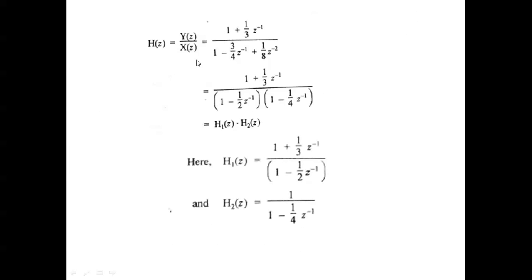So apply x of z in the denominator and y of z in the numerator, and this is the formula h1 and h2 of z. We simply split it into h1 of z and h2 of z. This is h1 of z and this one is h2 of z. So split the value like that.